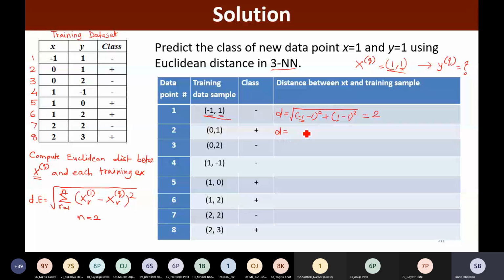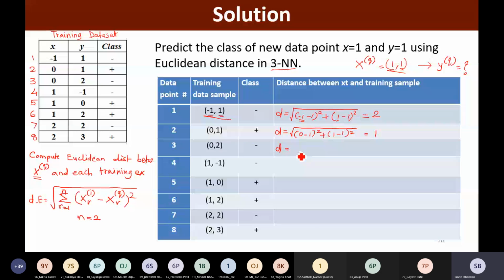Right? So similarly, we need to compute all those distances. So what will happen here? 0 minus 1 square plus 1 minus 1 square, so it comes out to be 1.